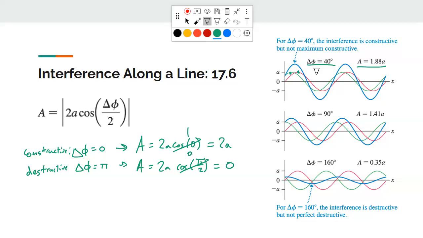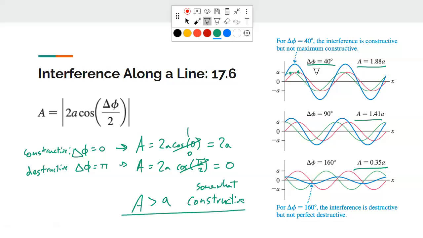And to answer that question, if it's not a simple case of the phase difference being 0 or pi, what you have to do is look at these amplitudes. So any amplitude greater than little a, we would call somewhat constructive. I'll put somewhat, so it's not confusing with the case where delta phi is 0.